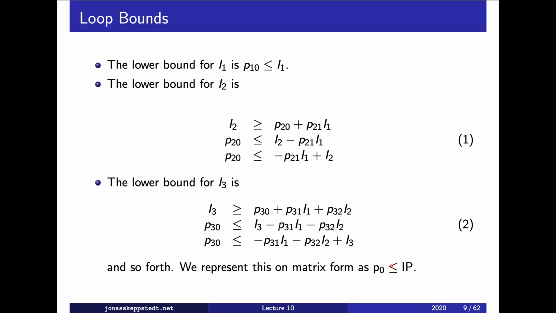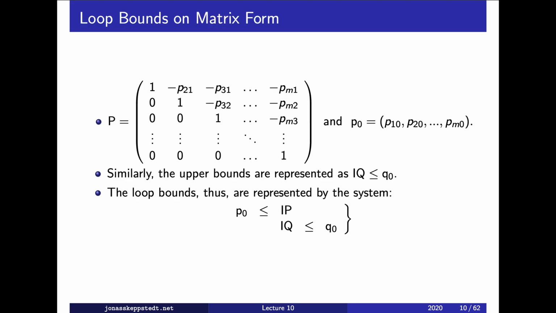What we do is to have this inequality, and I is a vector of loop variables, and P is a matrix. So this matrix is as follows. And we do the same thing for the upper loop bounds. And then we have this system of the loop bounds.